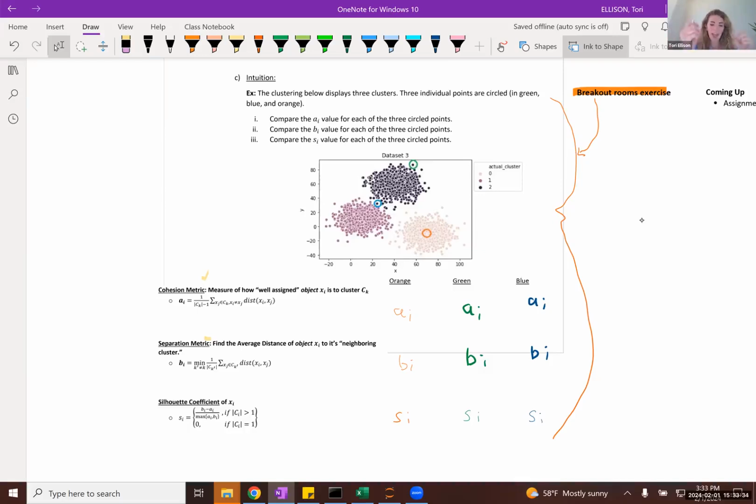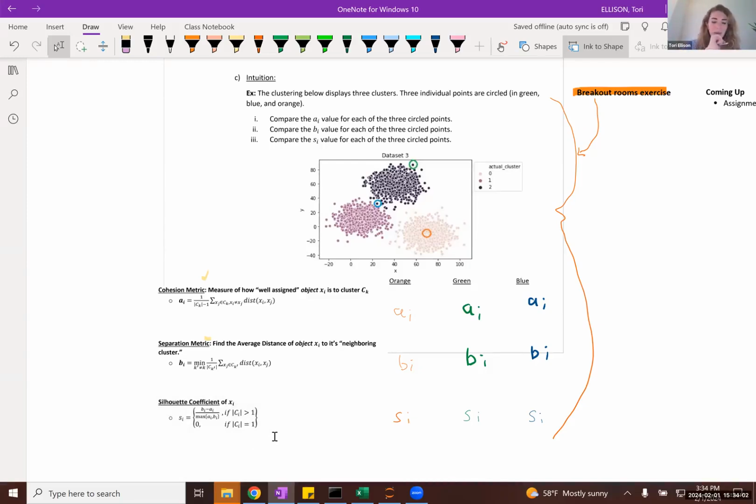But we can aggregate and examine each of those individual silhouette scores to also learn more about the overall cohesion and separation of each of the clusters in a given clustering, as well as the overall clustering of the data set. So we introduced the equation for how we go about calculating the silhouette score of a given observation in a given clustered data set.